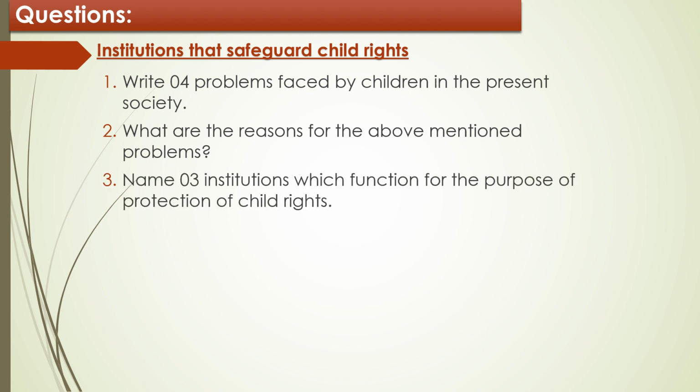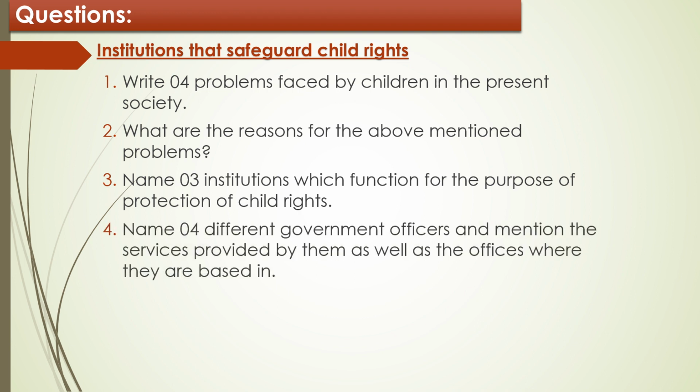Third, name three institutions which function for the purpose of protection of child rights. Fourth, name four different government offices and mention the services provided by them as well as the offices where they are based.